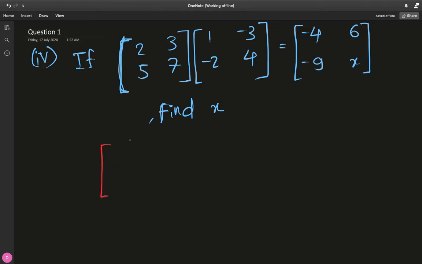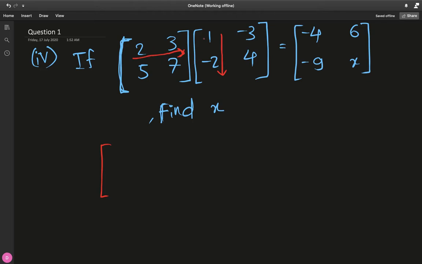So if I do that, I'll have to go this row this way in the direction of the arrow, and then down this column like that, and the consequent terms go multiply with each other, and then you add the remaining terms.